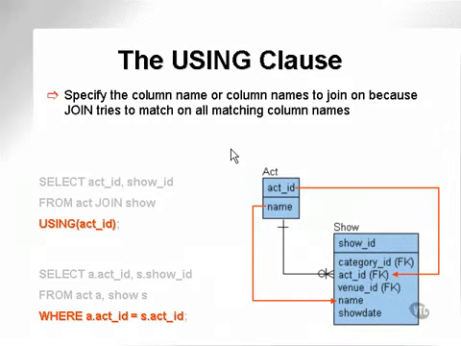The using clause is used to specify specific columns when joining using the ANSI standard format for joining tables. Why is it needed? I made the change to the show table, so what's going to happen is it's going to attempt to join with a natural join based on common column names, act ID and the name column.